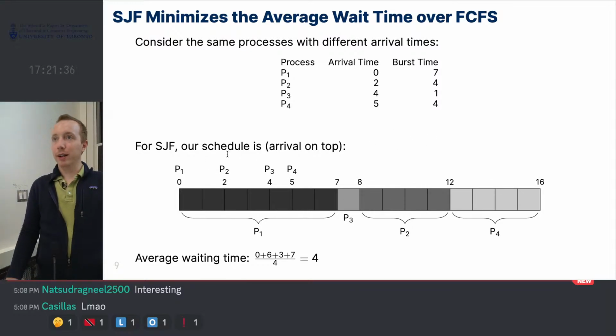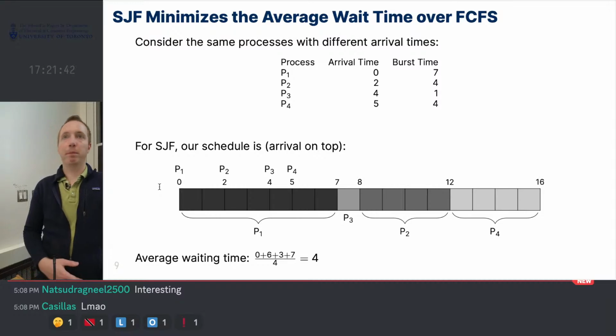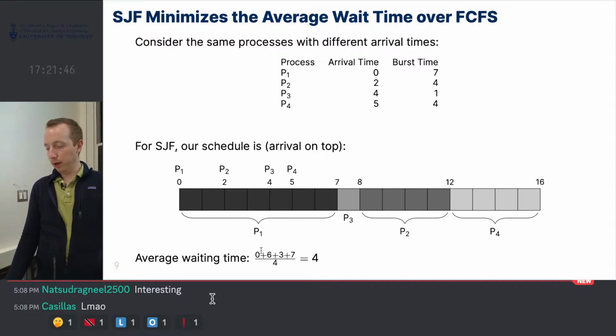So if we do this and then calculate the average waiting time, it changes a little bit because some processes do not actually arrive at time 0. P1's waiting time is 0. It arrived at 0 and waited for no time units.